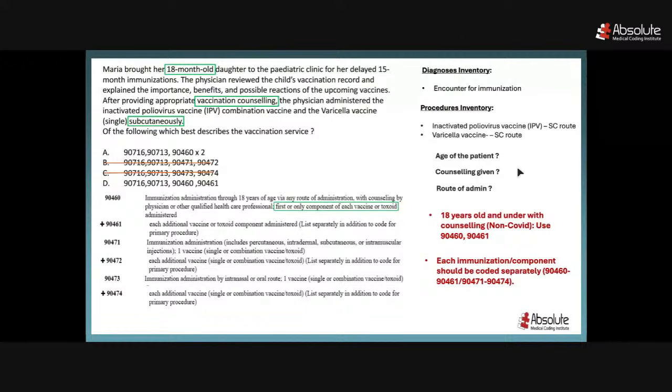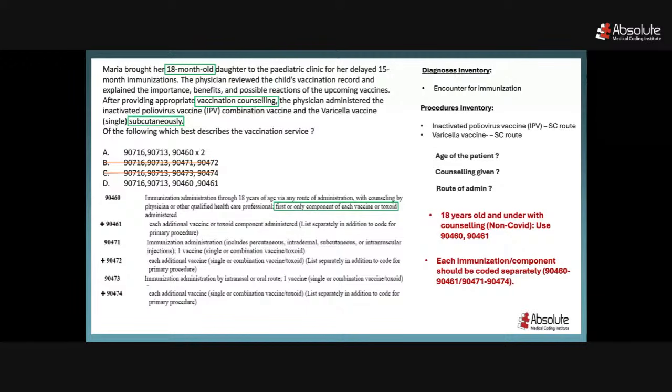Now let me know, coders, in the chat, how many components are there in IPV, inactivated poliovirus vaccine? Let me know in the chat. We have only one component, right?